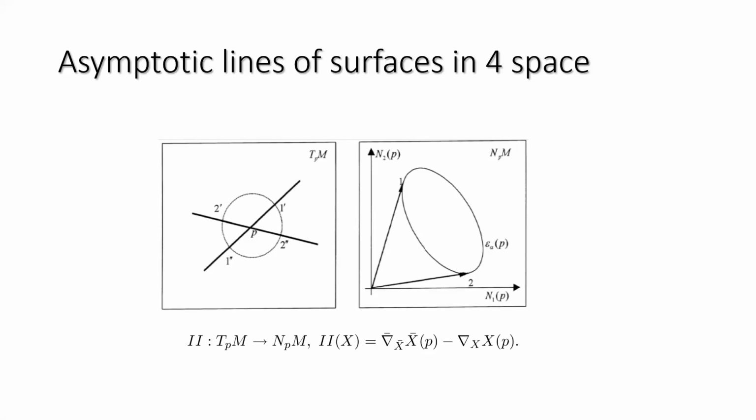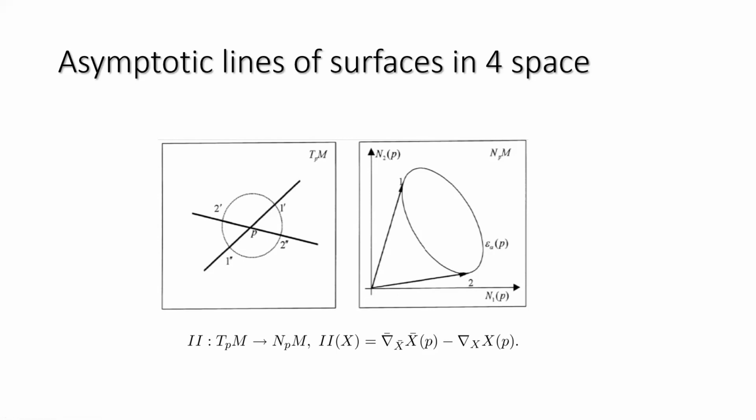When it is not degenerate and the origin is off the ellipse, the origin meaning the point P itself when you are considering it in the normal plane, then you have two special directions. These directions are tangent directions to the ellipse, and their pullbacks are called the asymptotic lines. So observe that this is associated to the second order geometry, because it's the second fundamental form that you use.